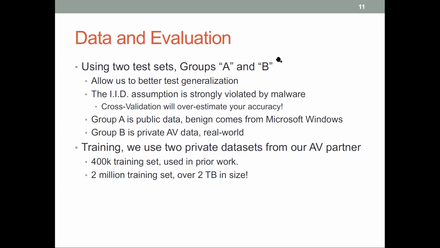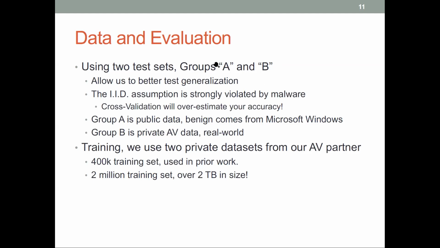Dataset B is comprised of many, many samples, I believe around 2 million samples of malware and benign binaries provided by their partner, which happens to be an antivirus company.